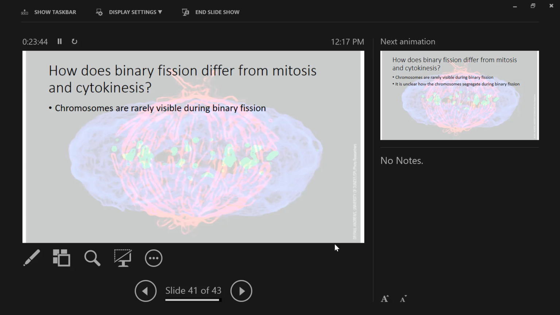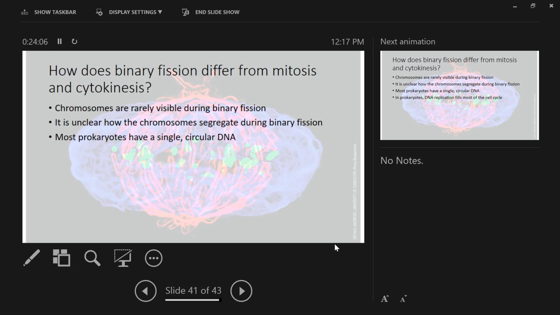On that diagram we showed you the chromosome, but if you were watching this under a microscope, you would not usually see the chromosomes, which in eukaryotic cells is not the case. You can very easily see the chromosomes during mitosis and cytokinesis. It's unclear exactly how the chromosomes segregate. It's certainly not with a mitotic spindle, but it still involves the cytoskeleton.